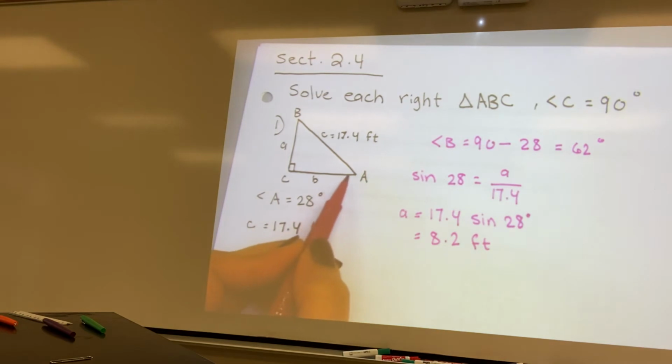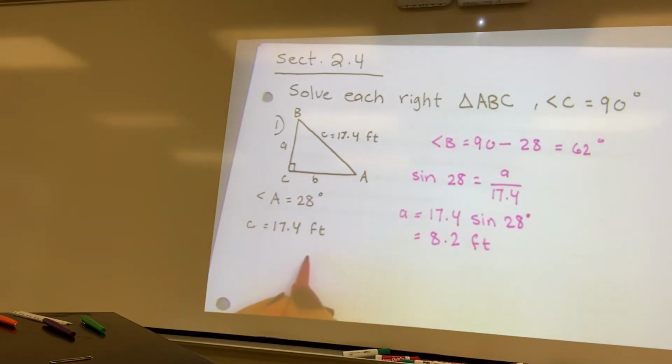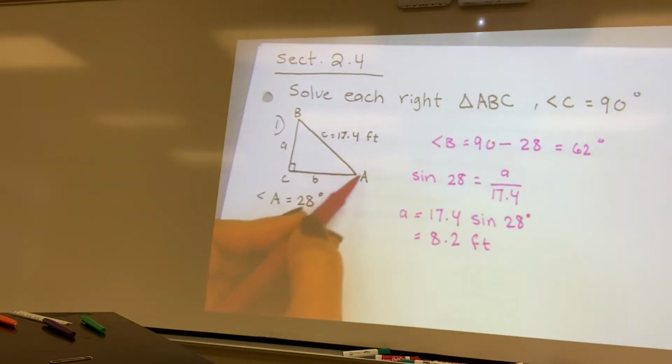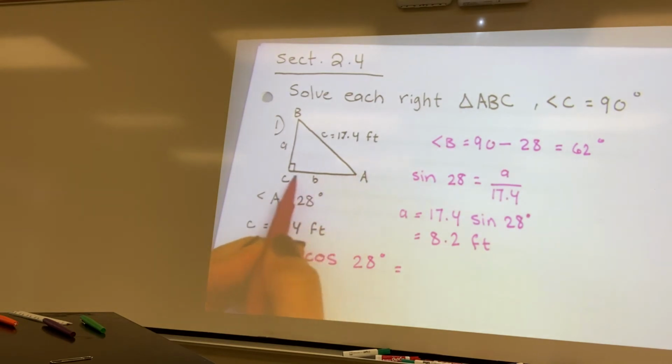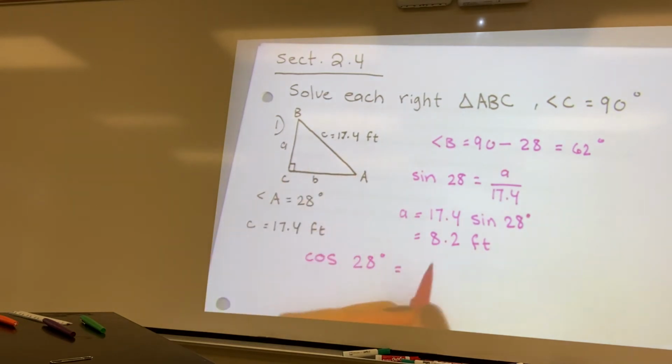Next, I'm going to find the length of side B, and for this one I will apply the cosine of theta, or of angle A. So I'll say cosine 28 degrees. Remember that the cosine is the adjacent over the hypotenuse, so it's B over 17.4.